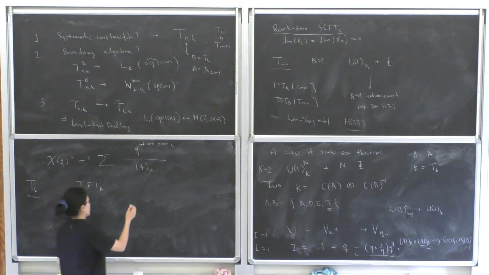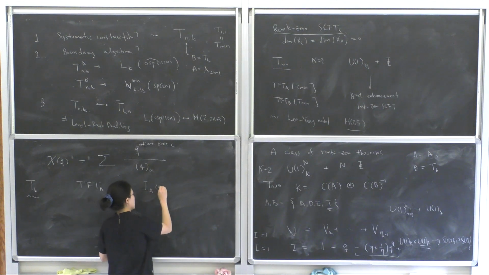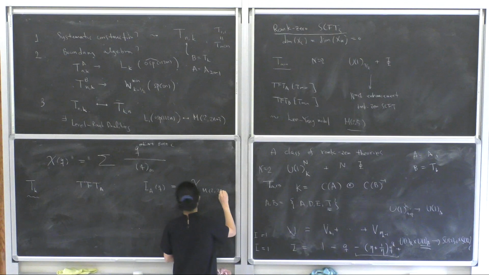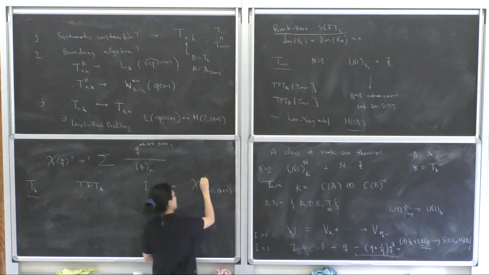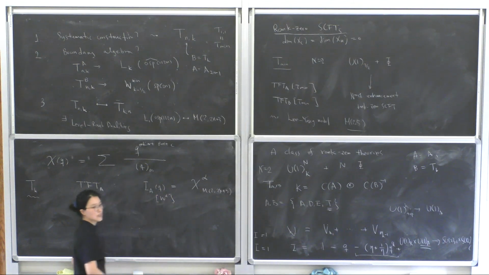You find that this half index of the A-twist theory is precisely the character of M(2, 2K+3), chi_alpha, where alpha is labeled by the insertion of some simple Wilson loops of the theory.